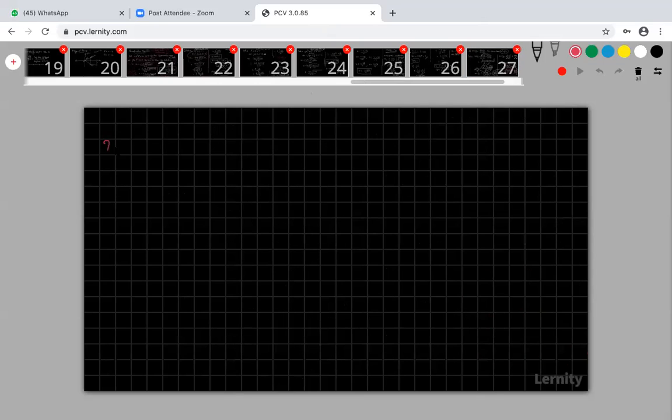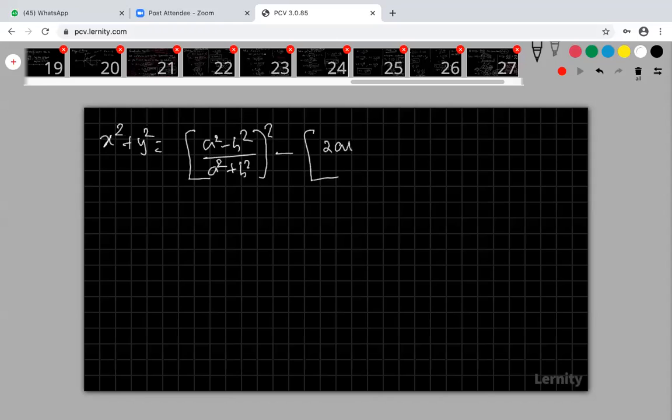So therefore, my x square plus y square is equal to, applying that, a square minus b square by a square plus b square, the whole square, minus, b square is, 2abi divided by a square plus b square, the whole square. Look at the denominator: a square plus b square, the whole square, in each case.